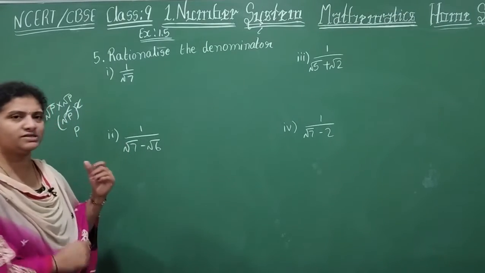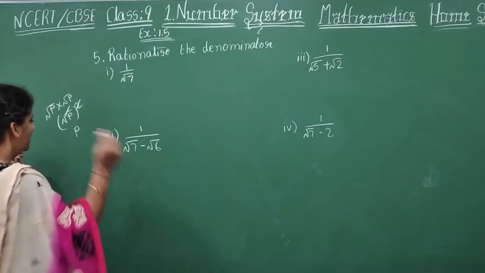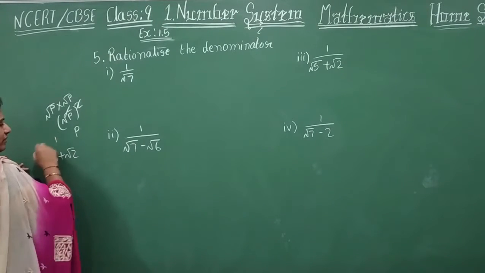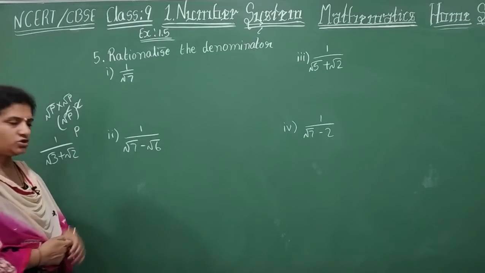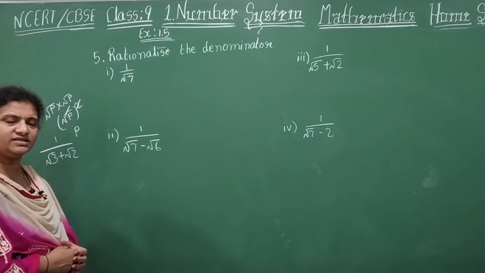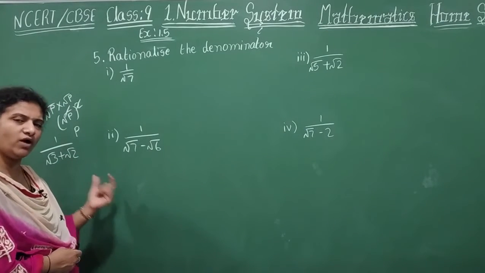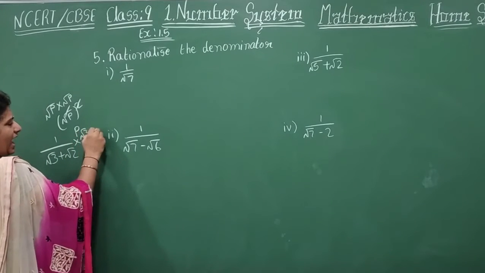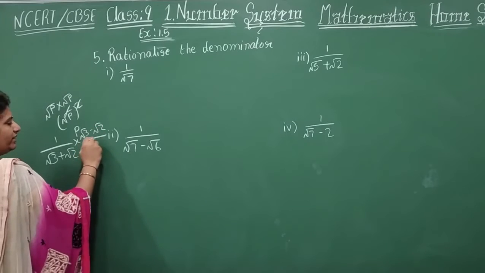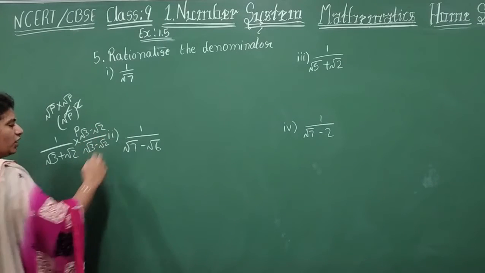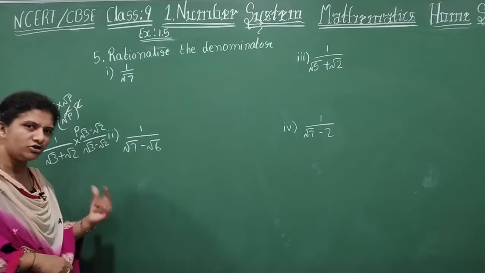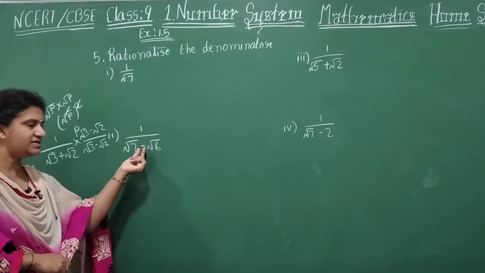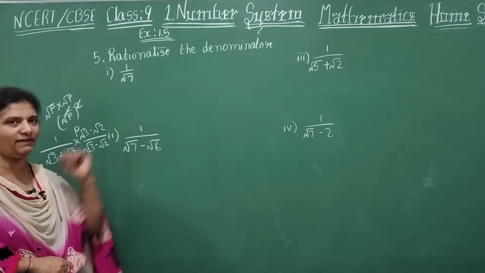So observe here, suppose I take any other number, let me take here 1 by root 3 plus root 2. I need to rationalize this. Rationalize means what we need to do? We need to multiply the numerator and denominator by the conjugate form. What is conjugate here? Reverse the sign. If this is minus, you write plus.